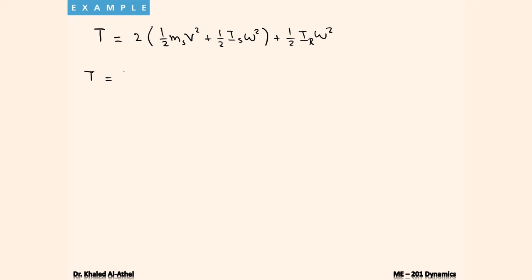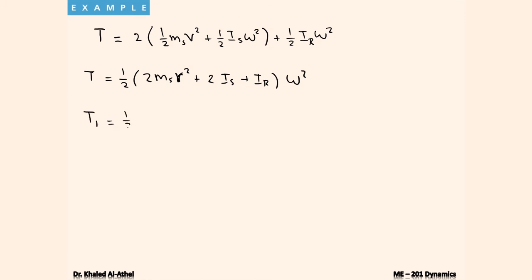So it's going to be T equals to half of 2 ms r square plus 2 is plus Ir omega square. Okay, so this is the short version of that one if you rewrite it. And therefore, let's calculate each one.